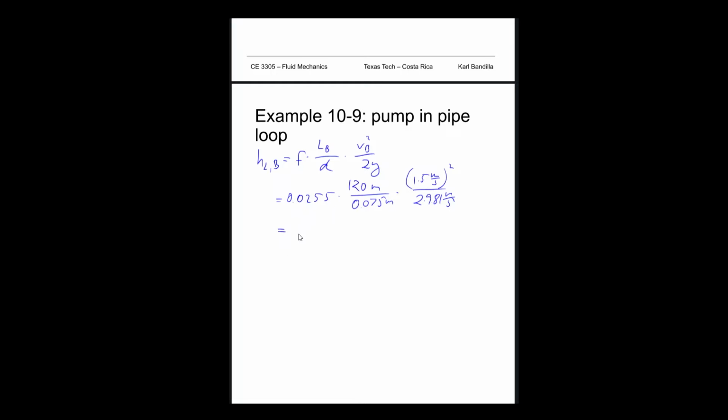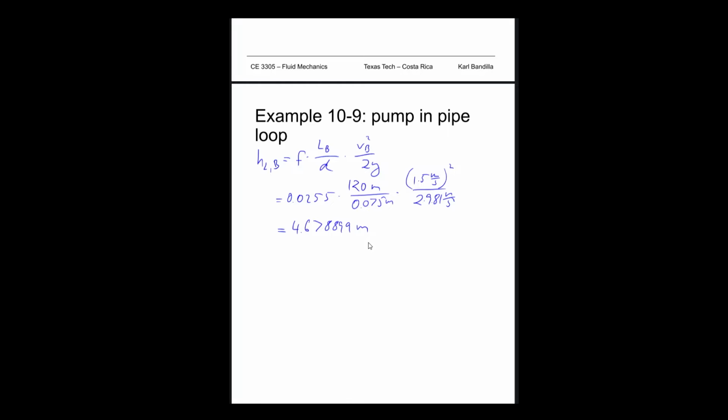And that gives us a head loss of 4.67889 meters. So that's the head loss in my pipe that goes the long way around.